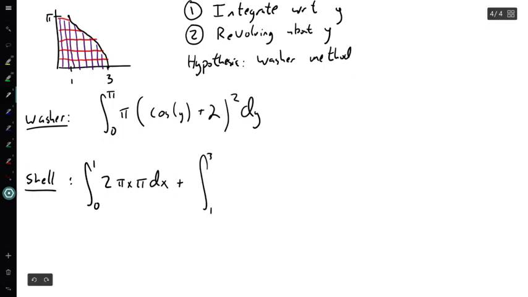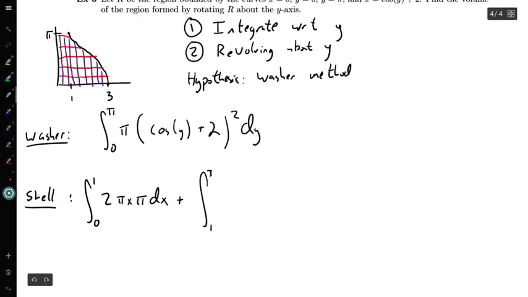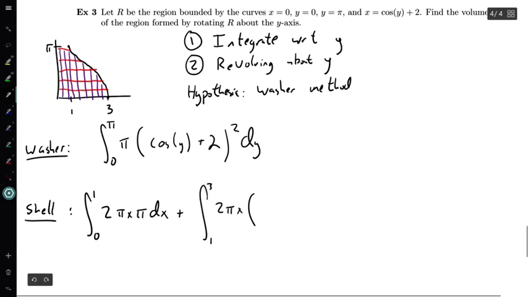So we would be integrating from 1 to 3 now. Again, the circumference of a shell is going to be 2 pi x. Now we need to fill in the height. In order to fill in the height, we want to think about what y is in terms of x. So the height is the y value on this curve. What's exactly y in terms of x?